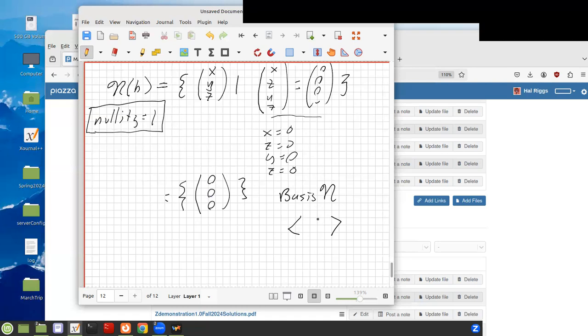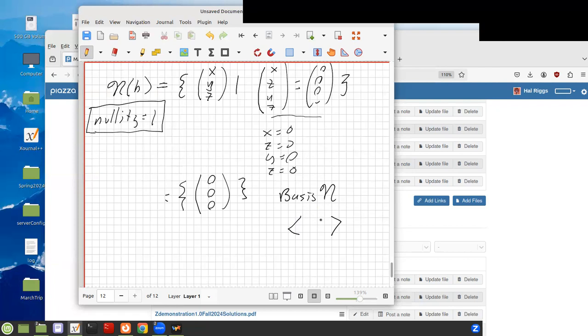But there are no vectors you can put in here, because I can't put 0, since that's not linearly independent, and I can't put any non-zero vector because I don't have a span. There are no vectors. So the basis for the null space is the null set.